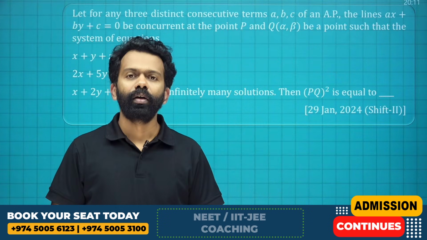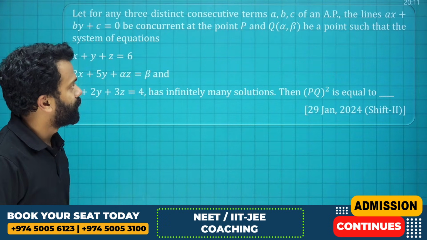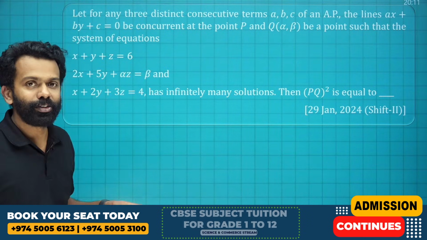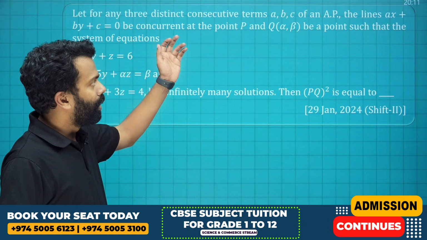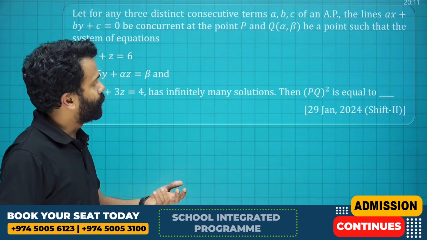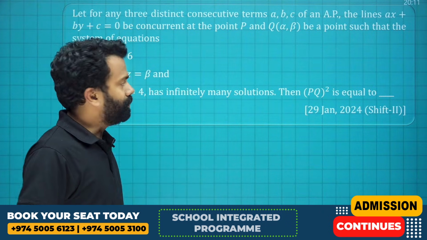Next one, our very next question. This question has a specialty. To do this question, we need to know about geometric sequence and series. I can add 2 concepts of straight lines actually, and obviously determinants, the Cramer's rule.